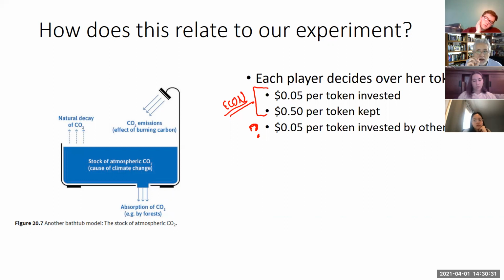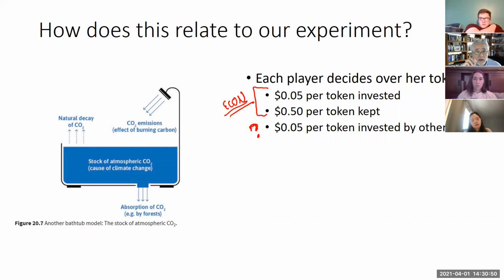Each token that you invest provides 5 cents of benefits to you, but it also provides 5 cents for everyone else in society.